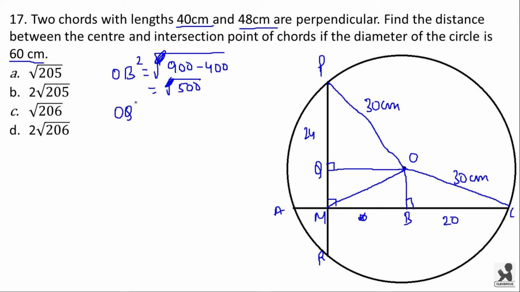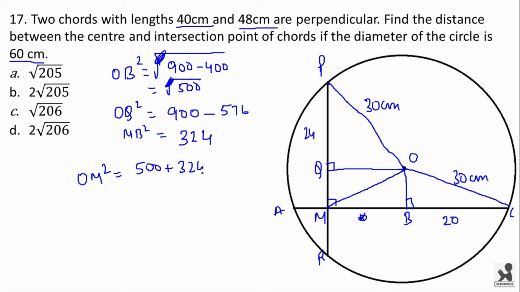Similarly, OQ square is equal to 900 minus 576, that is 24 square is 576, so you have the value of this as 324. Now OM square is equal to OB square plus OQ square, or MB square. This is also equal to MB square. So we have 500 plus 324, which is equal to 824.